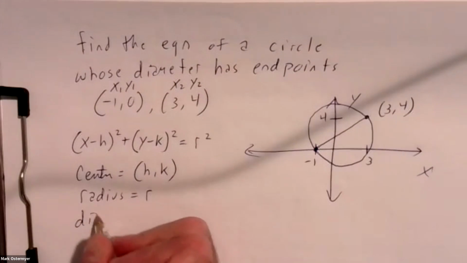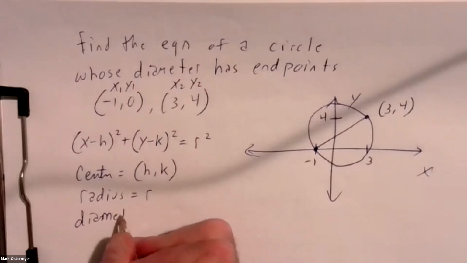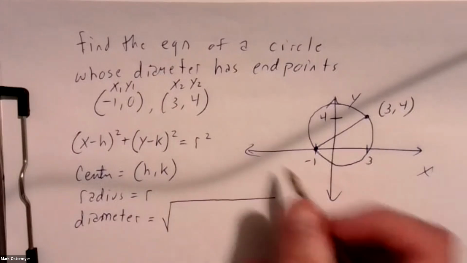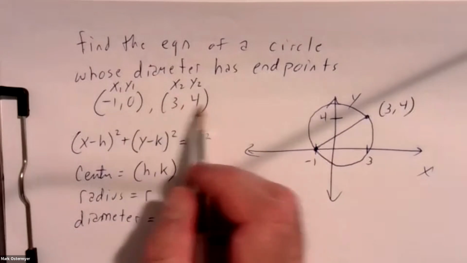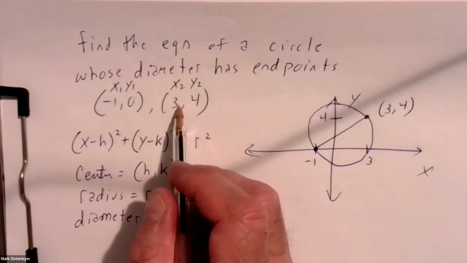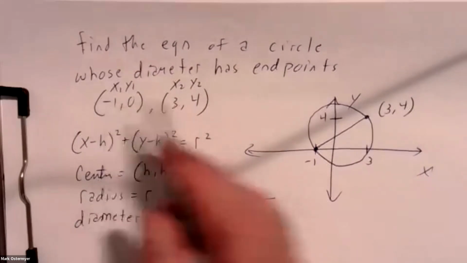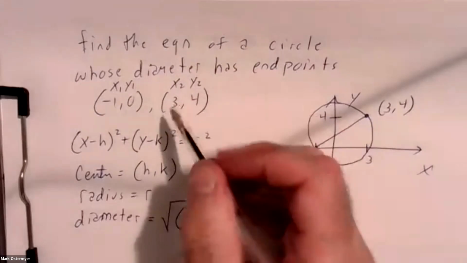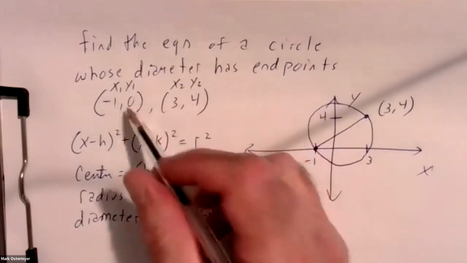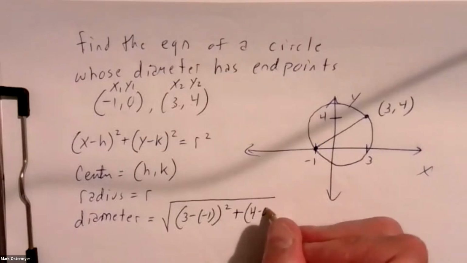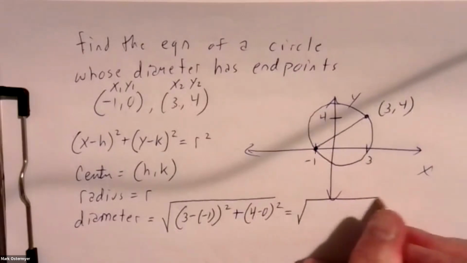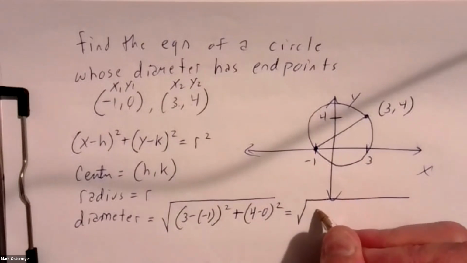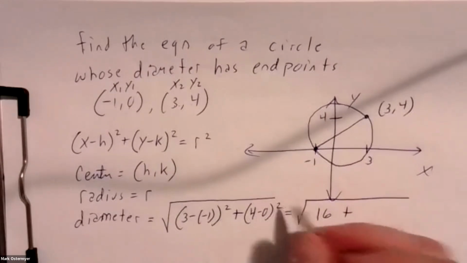So the diameter has a length of what? It's going to be the square root, using these 2 points, of the square of the difference between the x coordinates, so (3 - (-1))², plus the square of the difference between the y coordinates, (4 - 0)². Therefore, 3 minus a negative 1 is 4. 4 squared is 16, and 4 squared is 16.